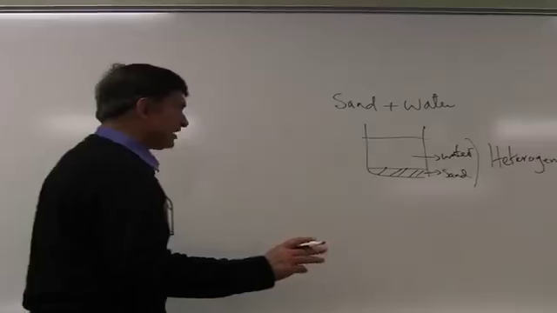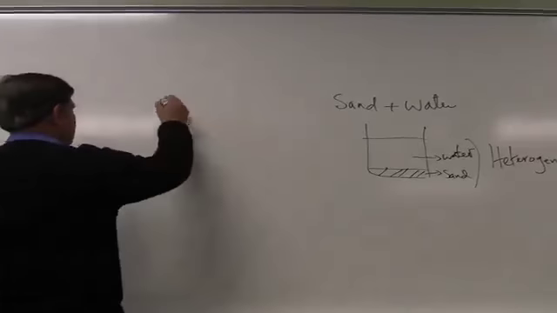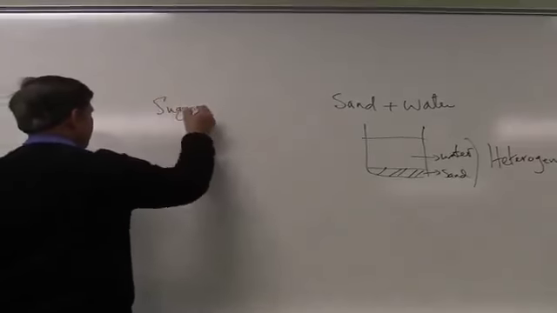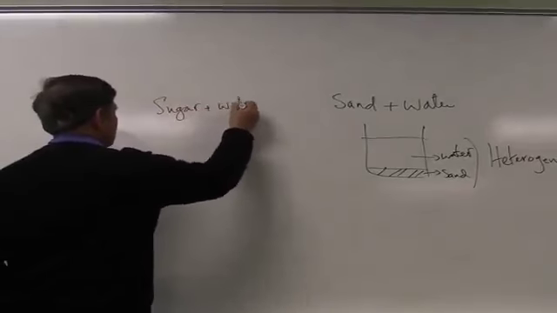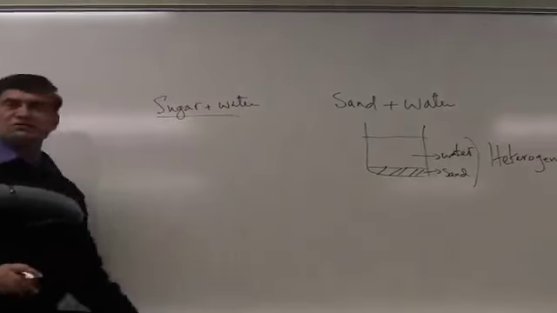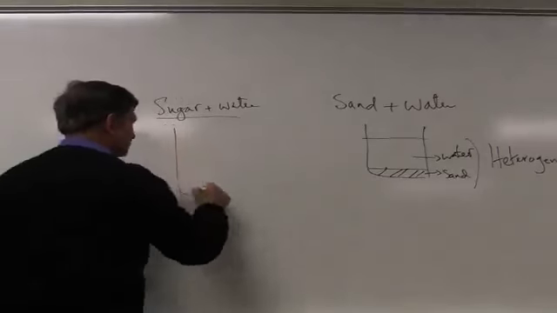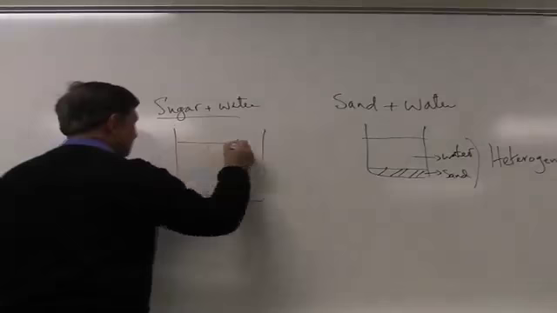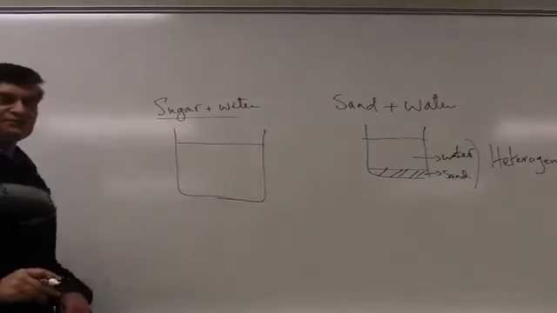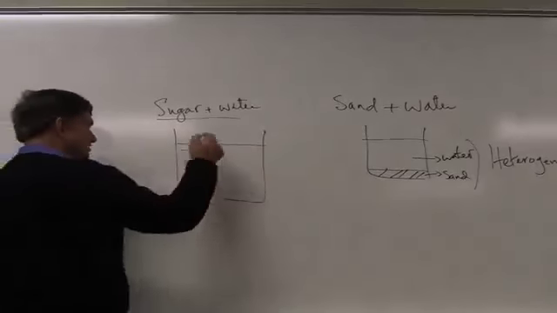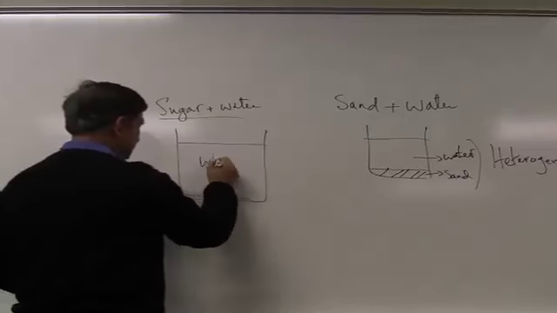Then the other kind is homogeneous. Sugar and water. If I add sugar and water together, you all know that sugar is going to be completely soluble. So in other words, if somebody doesn't know what you mixed, that person would not even know whether there is something else in there other than water.